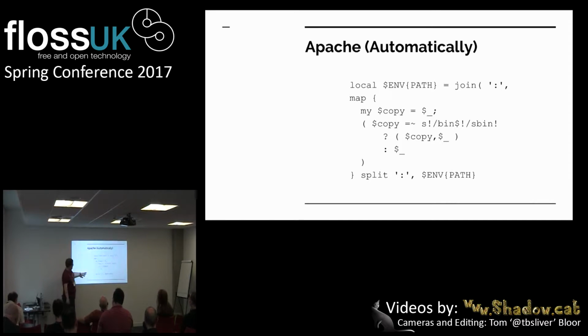So this bit takes your path, splits it on colon, and then does a find, copy, replace on anything ending in bin, changing it to sbin, and then either puts it in or puts in the original if it didn't match, and maps that back in with a join into a local variable for that.